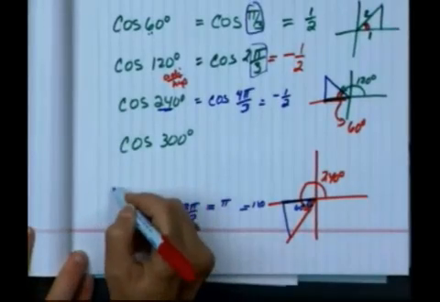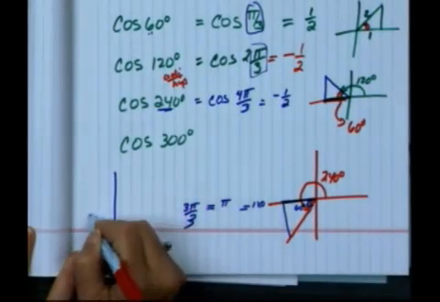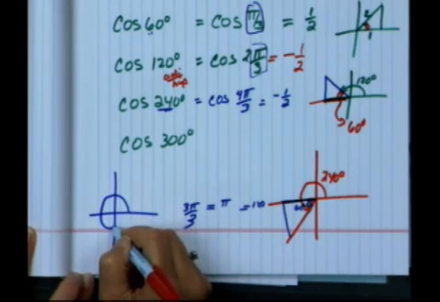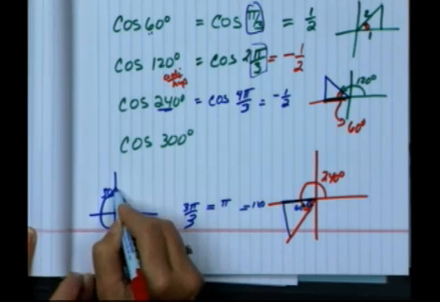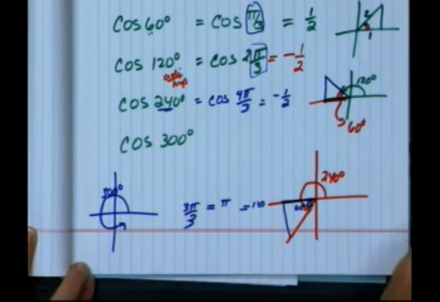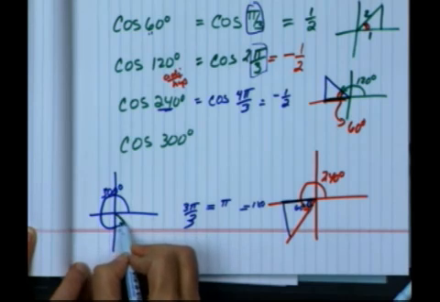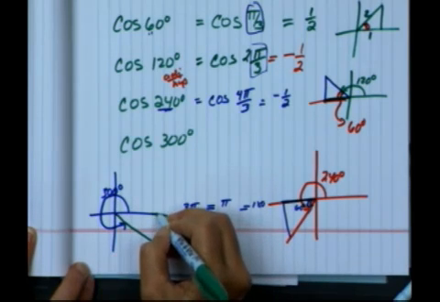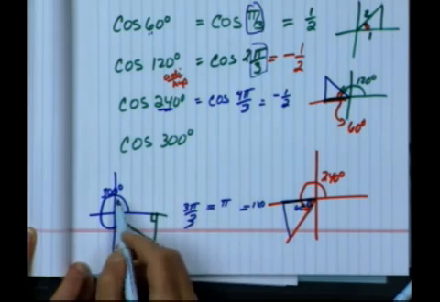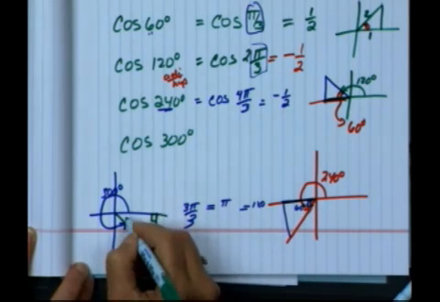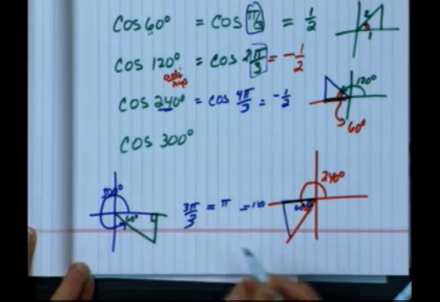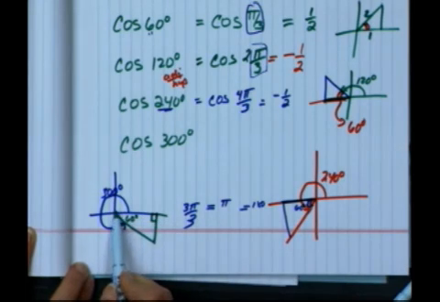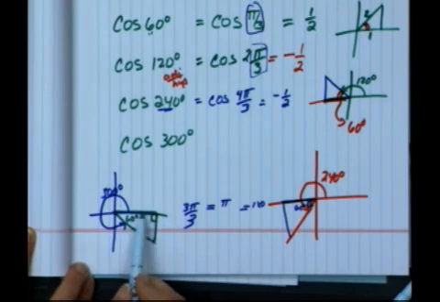Okay? All right, 300 degrees. We're over in the fourth quadrant. There's 300 degrees. We're going to put in our little reference angle and triangle. We know all the way around would have been 360, so this is a 60 degree reference angle. Is my adjacent positive or negative here? Positive, right? You're along the positive x-axis.